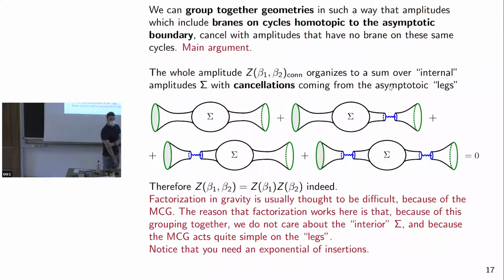Namely, we have this complicated sum over geometries, then we can group the geometries together in such a way that there's amplitudes on these circles that are very close to the boundary with or without a brain two-point function.